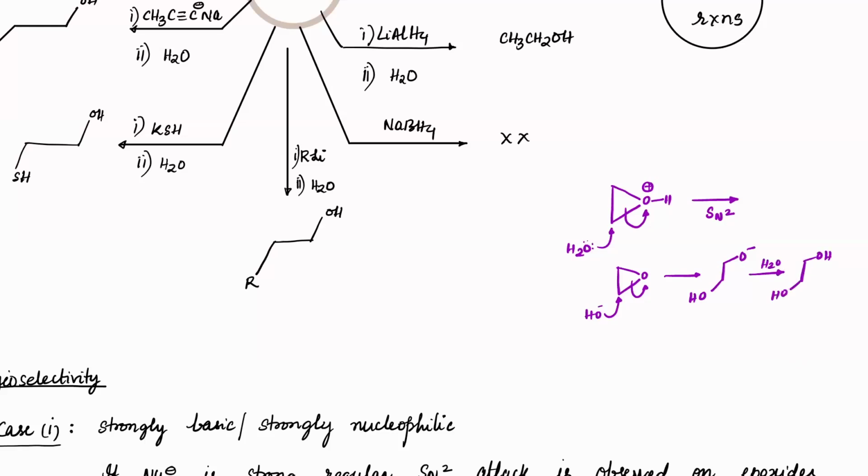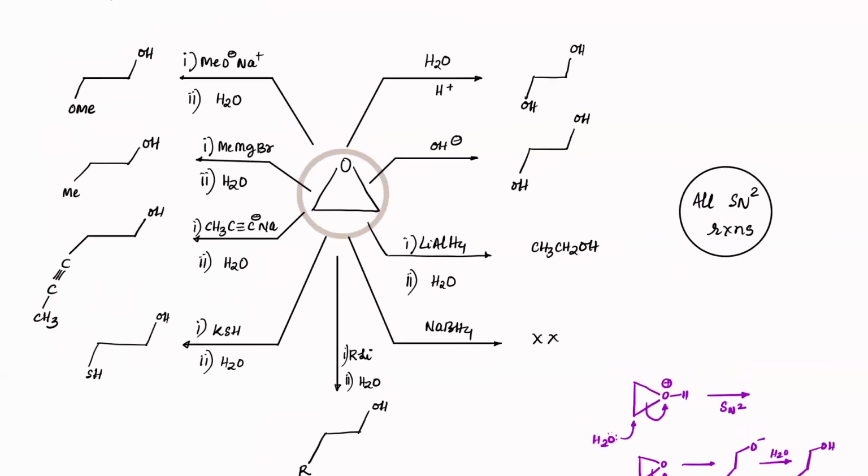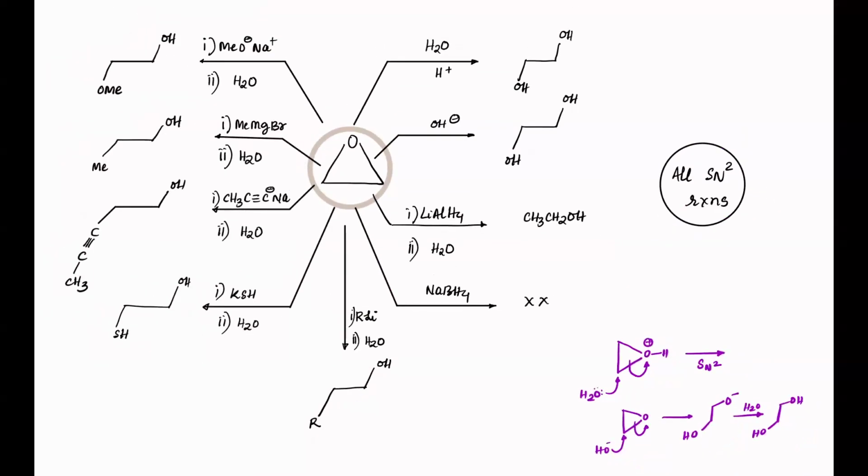Okay. So I want you to check out all the cases quickly, the same mechanism. So this is very important. All of them are SN2 reactions. But in acidic medium, protonation first, then followed by nucleophilic substitution. So first two cases, then lithium aluminum hydride, H minus first, O minus will form, O minus will take H plus from water.